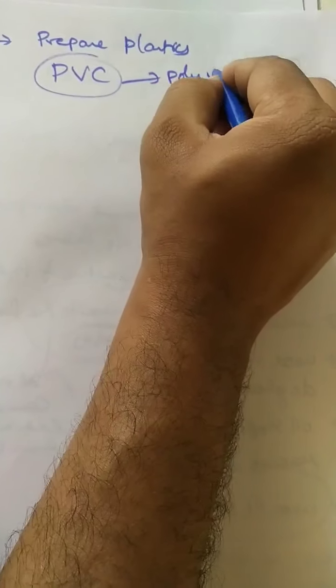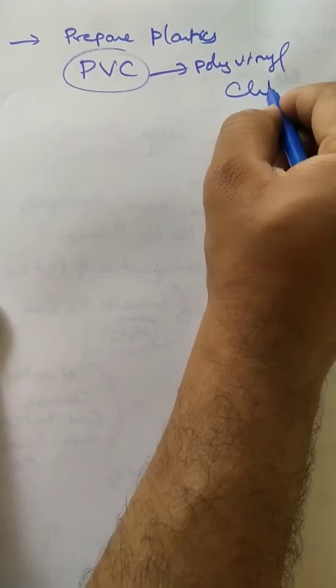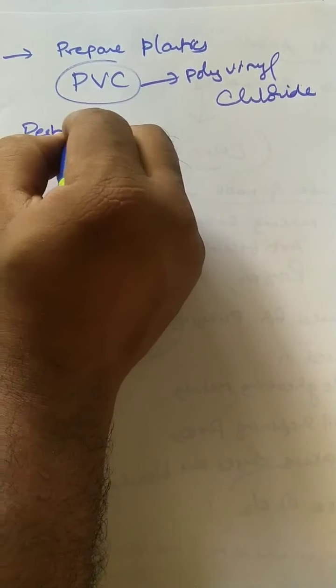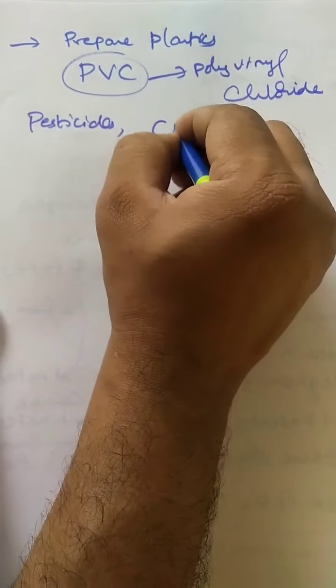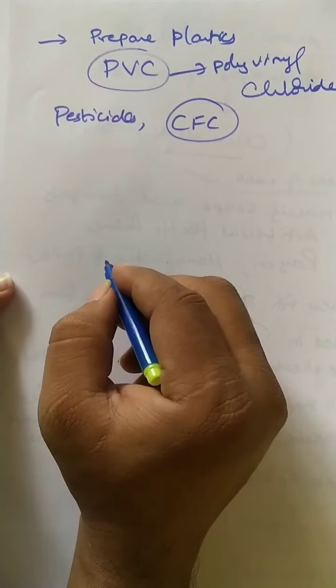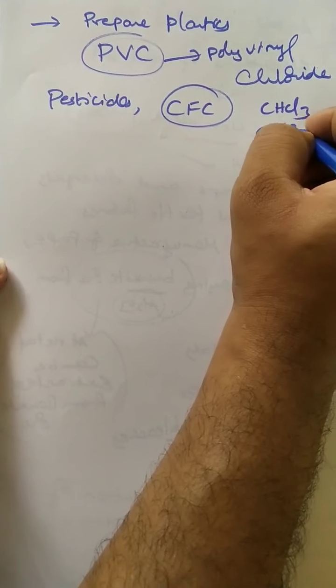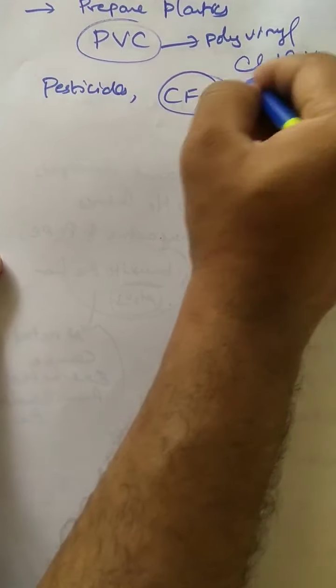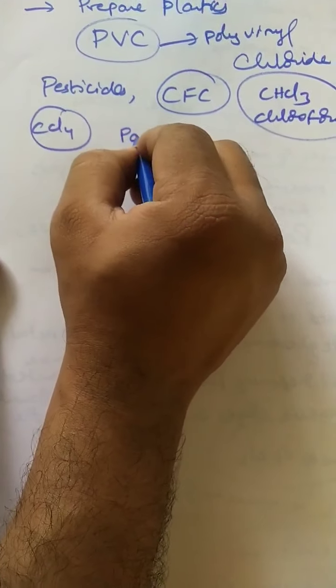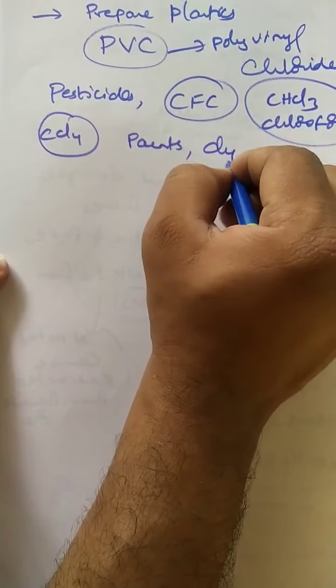plastics. You know PVC, the abbreviation for polyvinyl chloride. What is PVC, students? Polyvinyl chloride. Use it for preparing plastics, and even for preparation of pesticides, chlorofluorocarbons (CFC means chlorofluorocarbons), and chloroform, which we use for anesthesia. Also carbon tetrachloride, and even for the preparation of paints and dyestuffs.